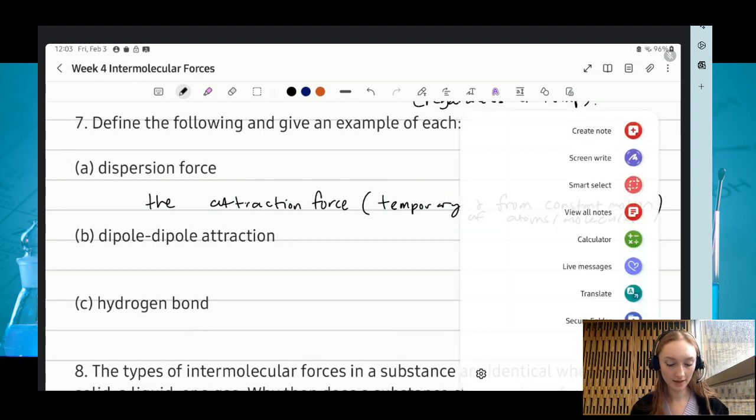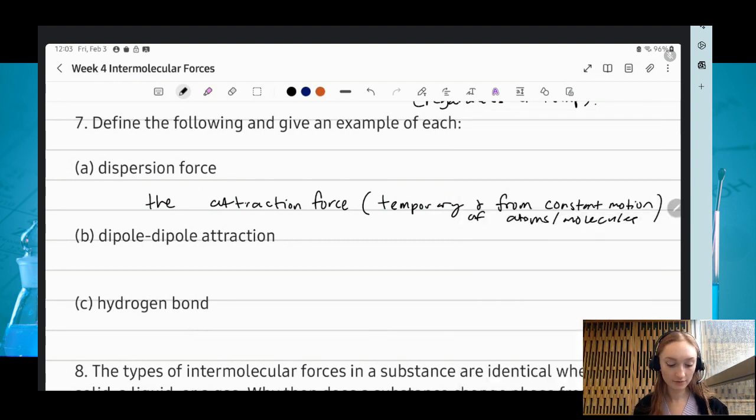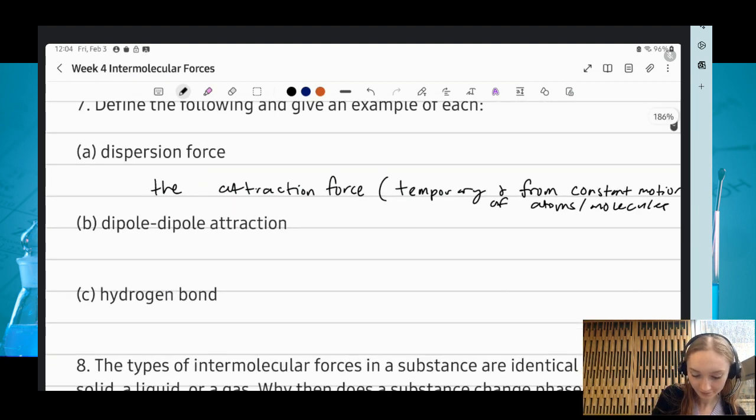So that is 7a. And so for 7b, dipole-dipole attraction is similar in the sense that it is kind of like dispersion force, but it then manipulates the actual molecules to rearrange themselves to then attract oppositely charged things close in contact. So let me write that down.